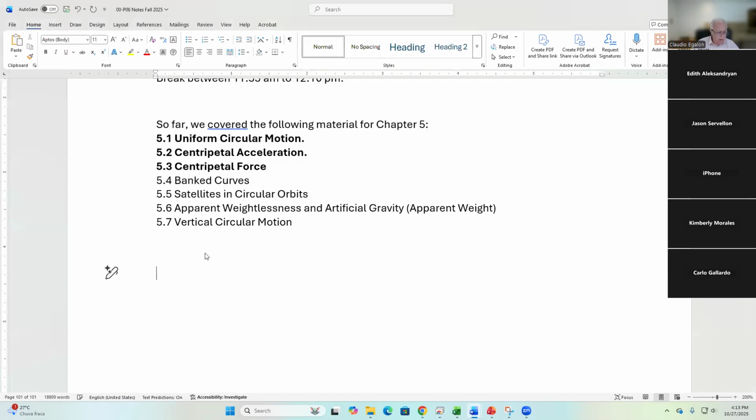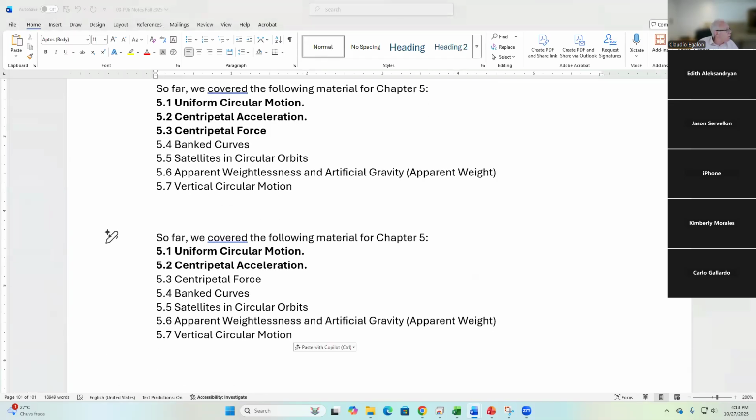Okay, banked curves are, oh, not this one. What's going on here? Okay, consider, what's going on here?